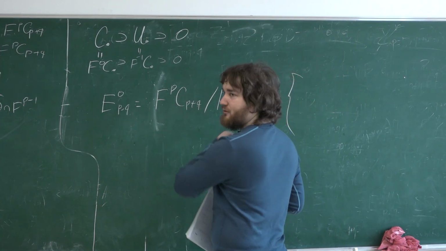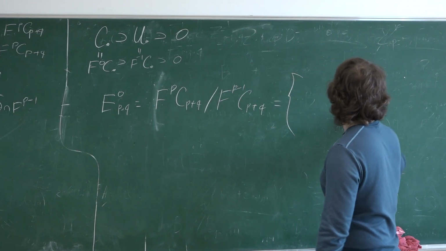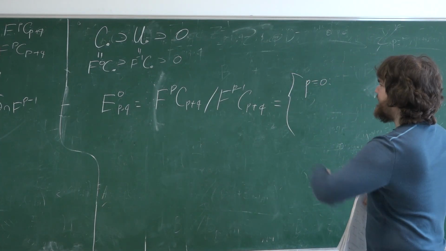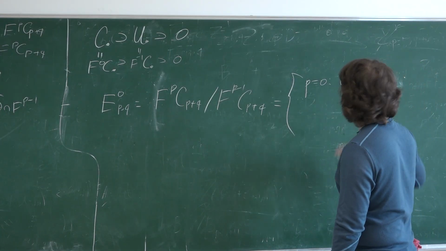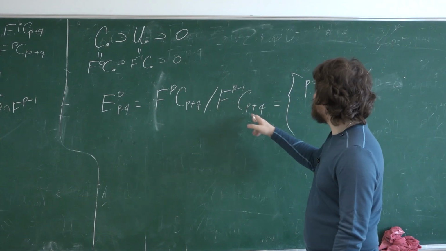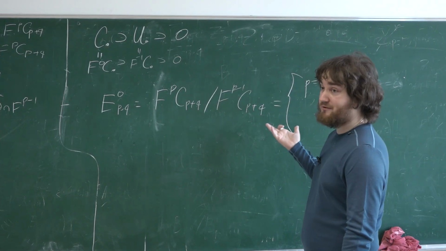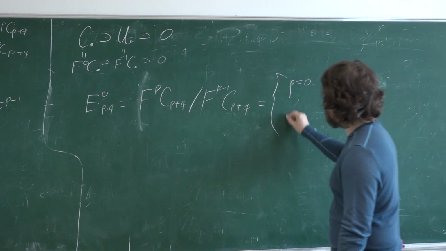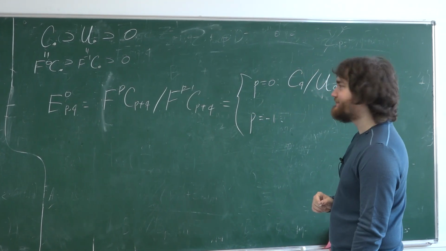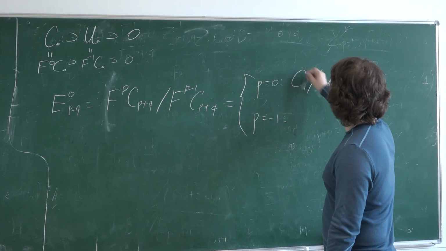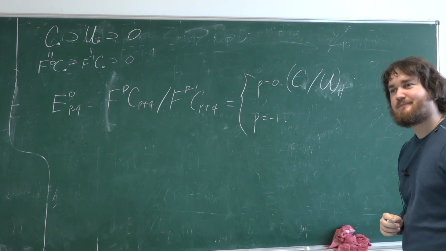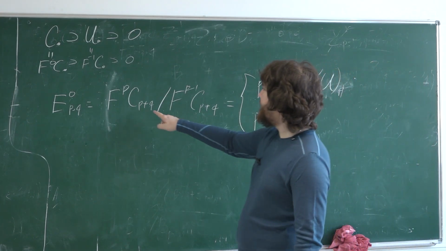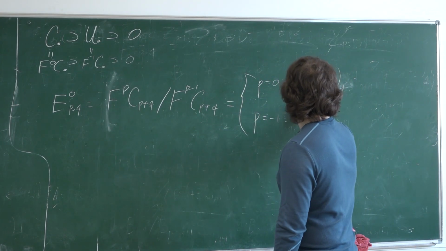If p is 0, then this is C_q modulo U_q. It's a quotient module, a quotient chain complex. If p is -1, what is it? It's U_{q-1}.